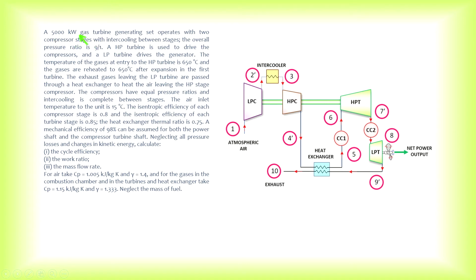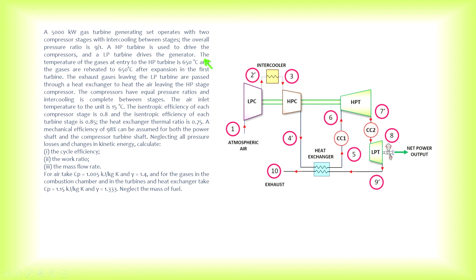So the 5,000 kilowatt gas turbine generates 5,000 kilowatt here and operates with two compressor stages with intercooling. So you have low pressure and high pressure compressors with an intercooler. The overall pressure ratio is 9 to 1.